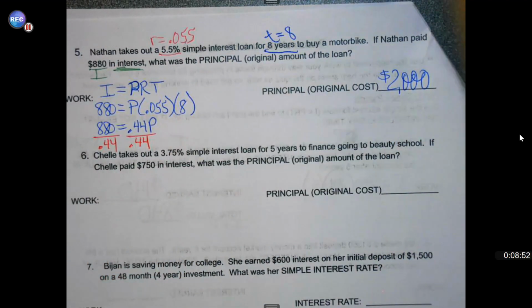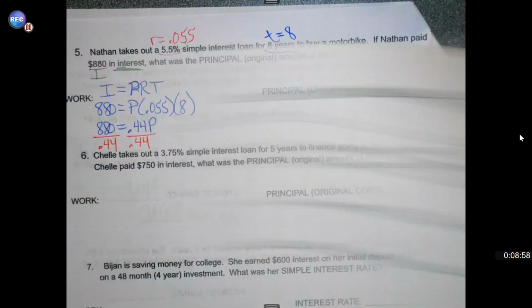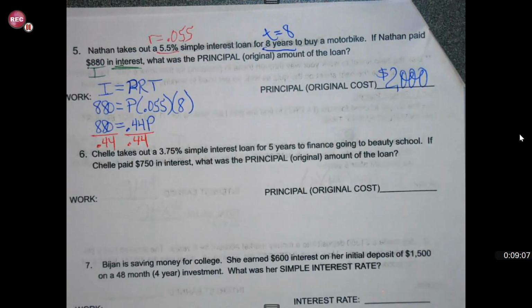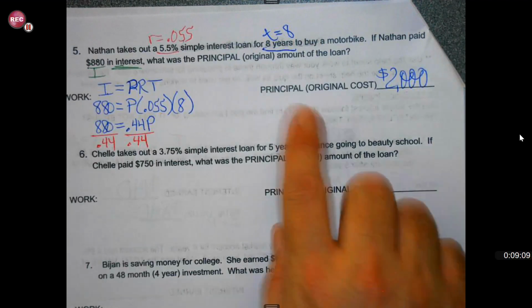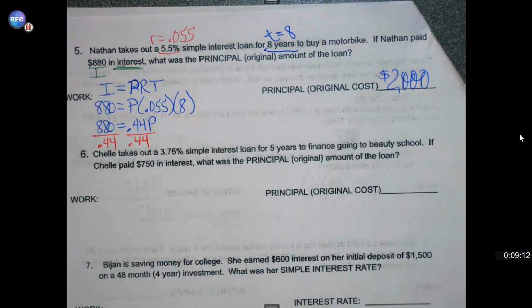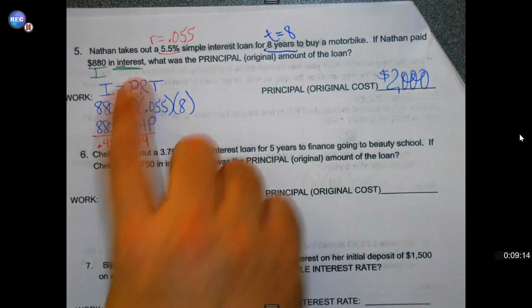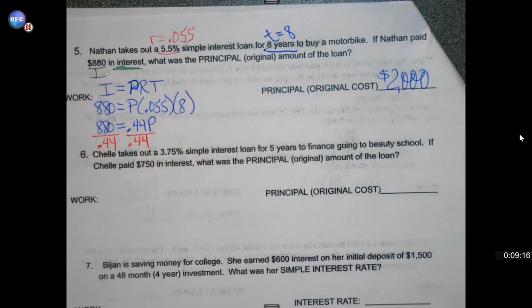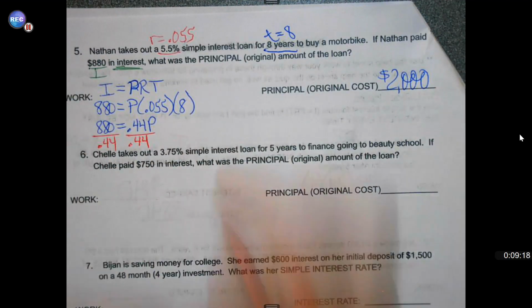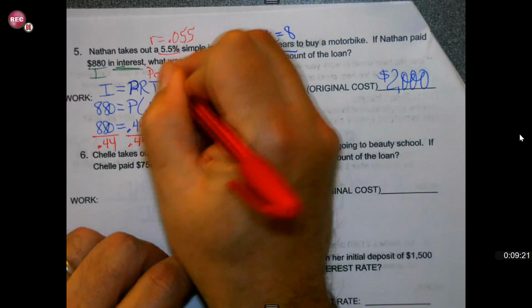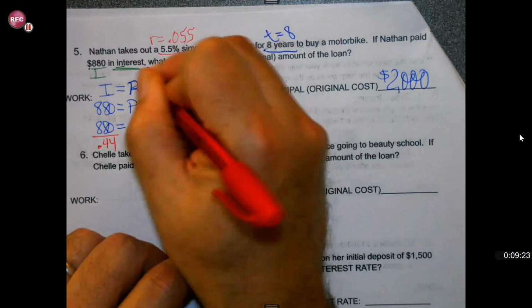Now, this is up to you. I am leaving you some flexibility on your help sheet. Like for part 1 here, I gave you the formulas, but notice I put a space in here for other examples. So maybe you're like, if I get a weird one like principal, I'm not sure what I would do. Maybe you write something like this and put principal at the top as a label.